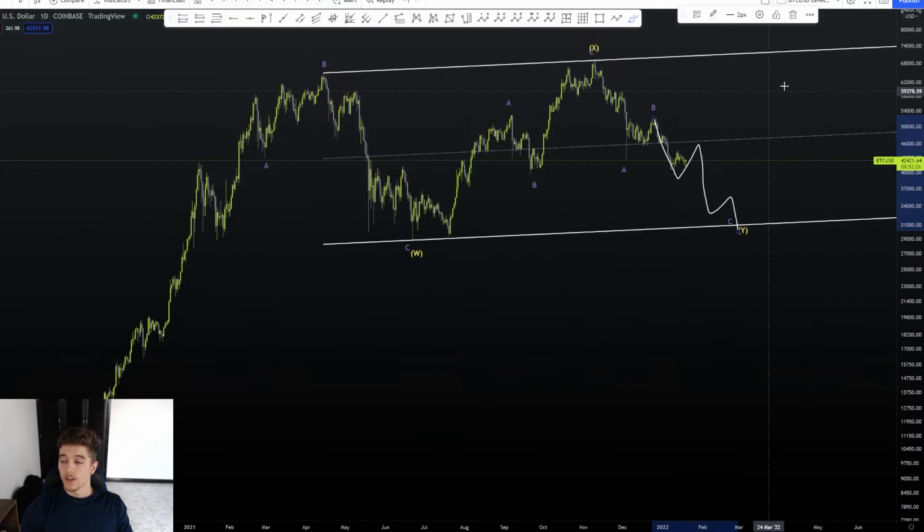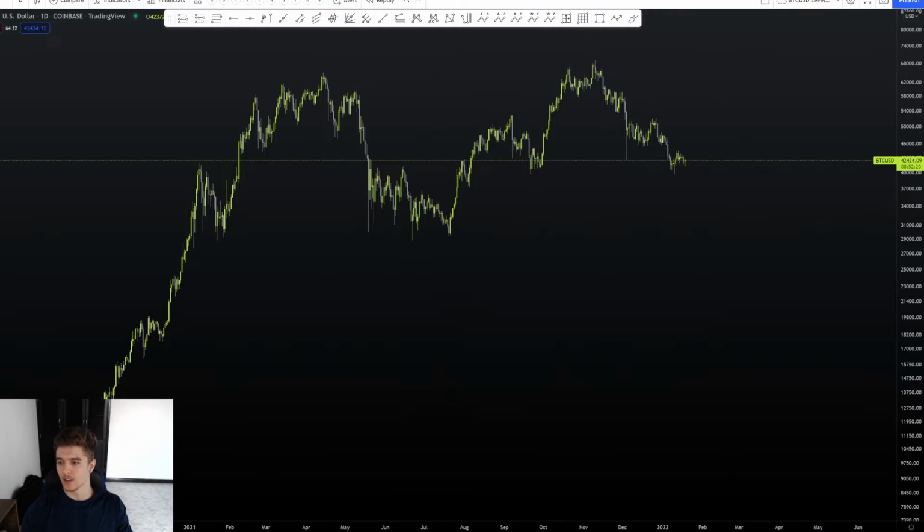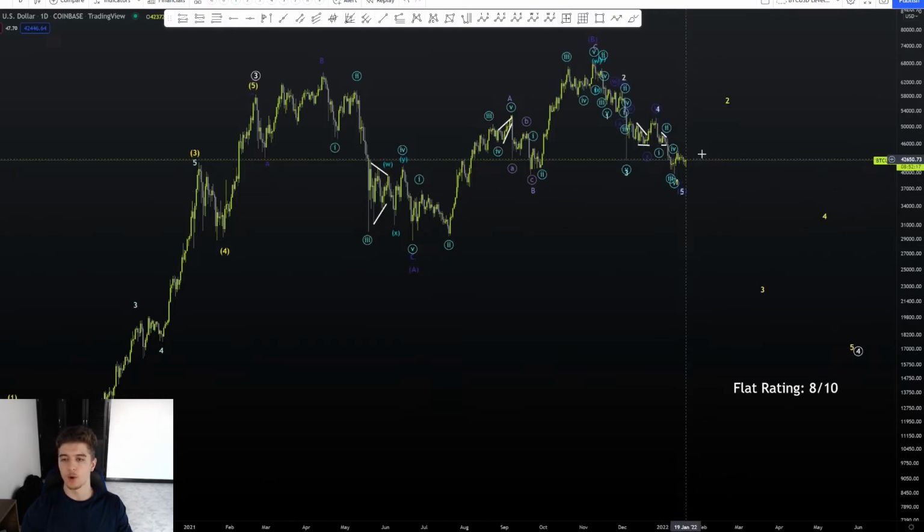So this is also another count. We just have to wait and see what happens. But for this count and the flat count, or the expanded flat count, they both have us going lower. So that's another reason to reinforce the point that we should wait to see confirmation before buying.